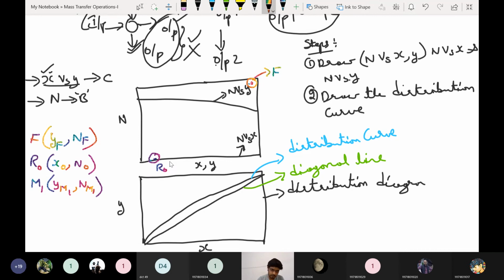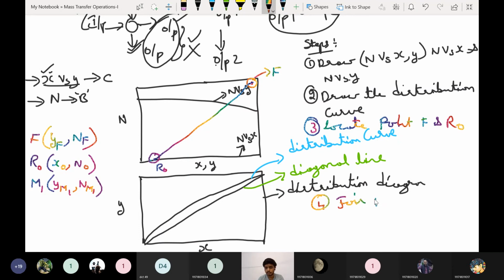Join this F and Y, draw the distribution curve, then locate. The next step will be to locate this point F and R0. Then the fourth step is to join F and R0 with a straight line.